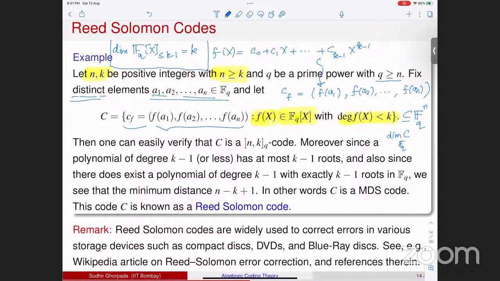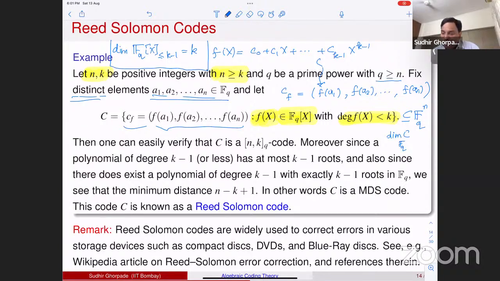Yes. And one way of showing this map is injective is that the kernel is 0. That means if something goes to 0, then it must be the 0 polynomial. What does it mean to say that a polynomial f(x) is mapped to a 0 tuple? It means f(a1) is 0, f(a2) is 0, and f(an) is 0.